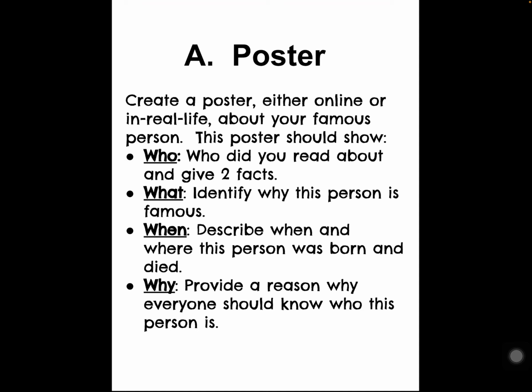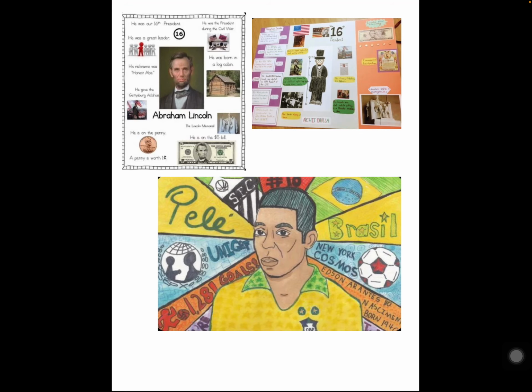So I'm going to show you some examples. These are not the posters that you have to do. You use your own idea. There's Abraham Lincoln. We have a poster with a picture of him in the middle with some information about him. Another poster about Abraham Lincoln.